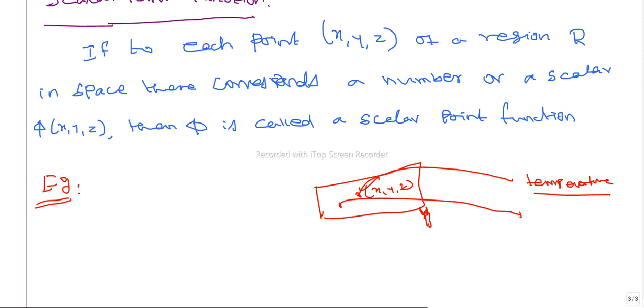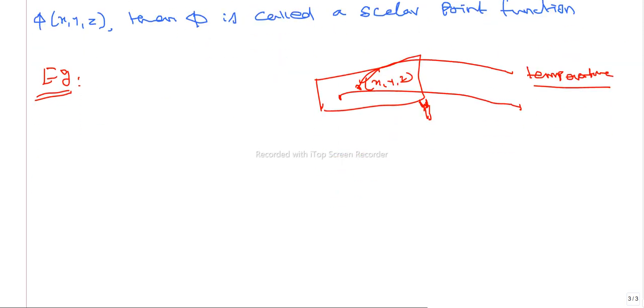Similarly, we can define what a vector point function is. If you take any point in R3, we have to assign some vector. A scalar has only magnitude, there is no direction. A vector has both magnitude and direction. So that was an example of a scalar point function.